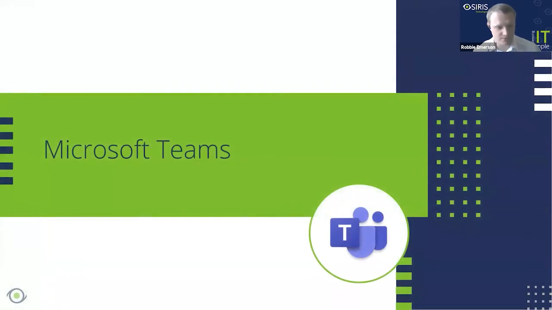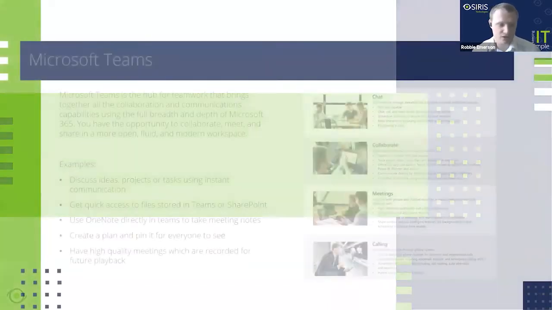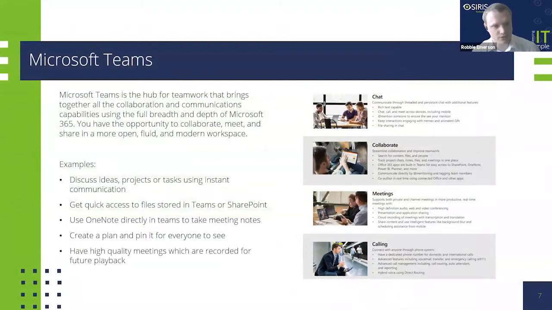So Microsoft Teams. Now, we have already done a webinar on Microsoft Teams, so I'm not going to go too deeply into it, but it is the hub for teamwork. Teams is the place which actually connects all of these different apps. Using Teams, you can access your SharePoint sites, your OneDrive data, your OneNote, chat with individuals or teams, create appointments and meetings, and even have phone calls if you have the phone system integration.